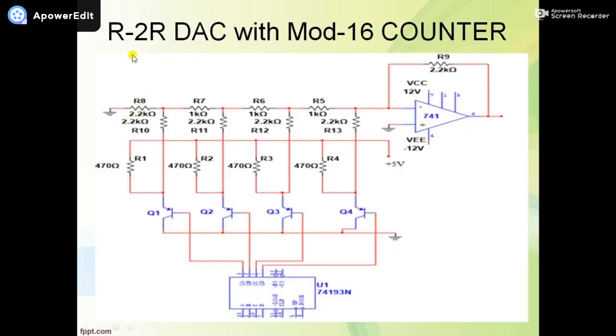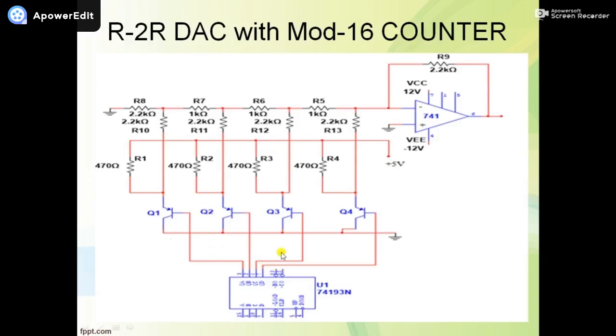The second part of this experiment is the same R-2R digital to analog conversion, using a mod 16 counter. That means 74193. By using 74193, we perform the conversion of 16 digital input signals to the analog output signal.